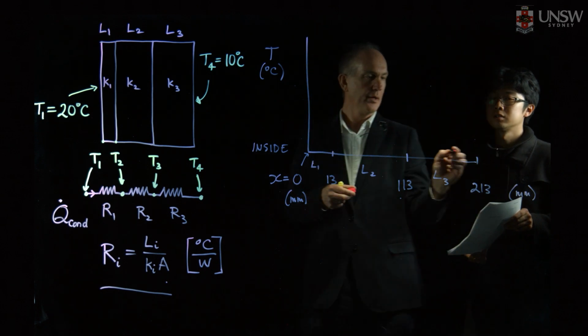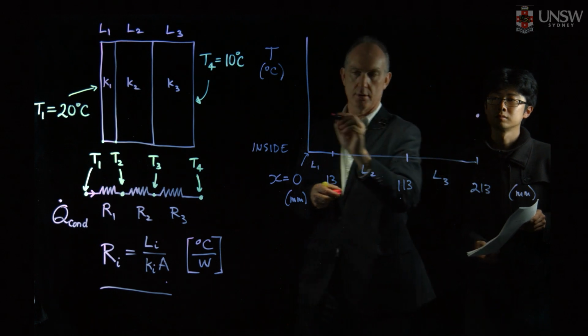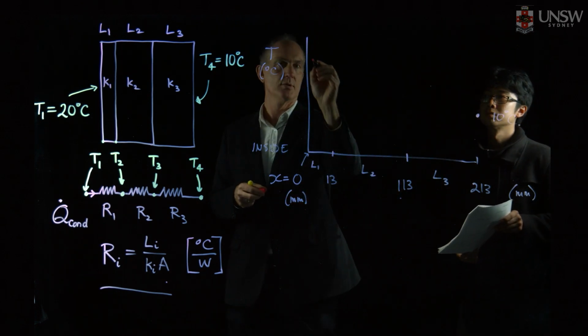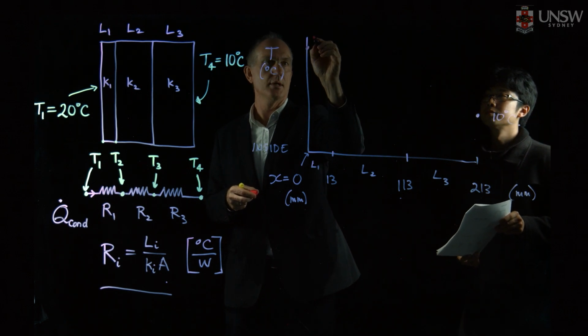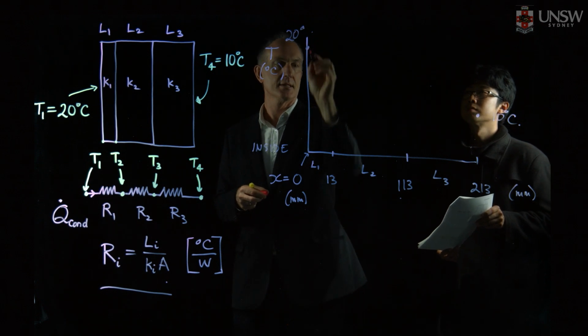Let's plot the temperature. Well, we know that T4 is going to be 10 degrees Celsius, and we know that T1 is 20 degrees Celsius.